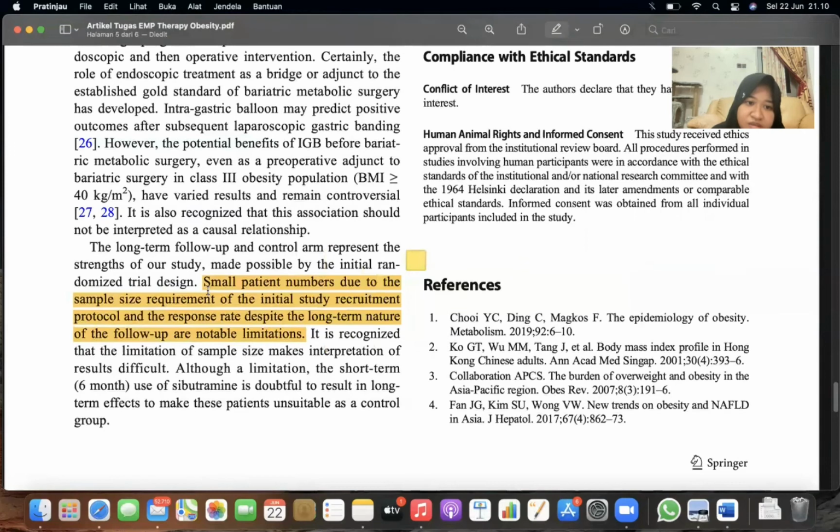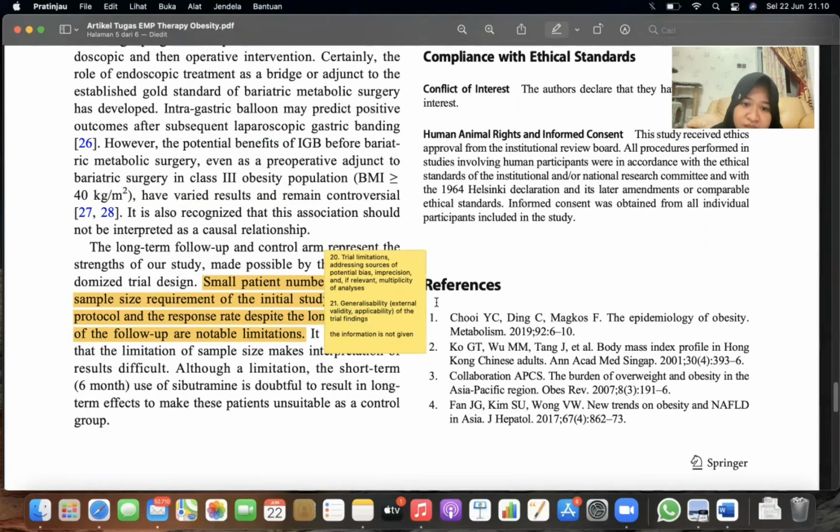The answer is here, highlighted in yellow: small patient number due to the sample size requirement of the initial study recruitment protocol and the response rate. The long-term nature of the follow-up are notable limitations. Okay, the next is number 21. Number 21, the author did not report it in this article.